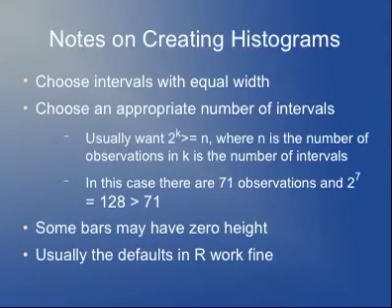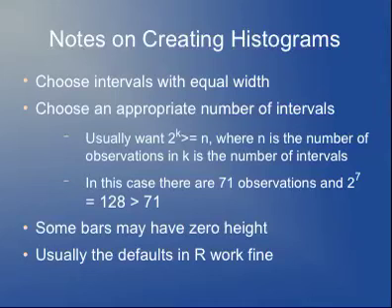To create histograms, in the vast majority of circumstances, you'll want your bins to have equal width, and you also want to choose an appropriate number of intervals. If you choose too few intervals, then the histogram doesn't tell you much about the shape of the data, whereas if you choose too many, then it becomes really rough and hard to read, a lot of them are empty, and you also don't see the shape of the data.